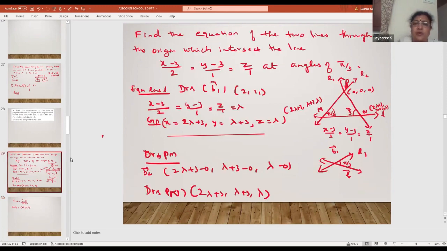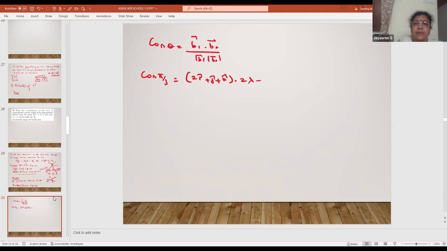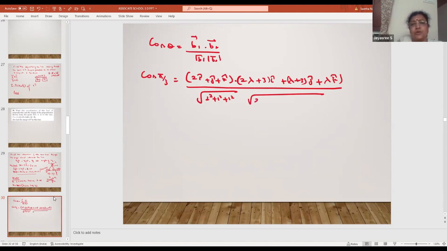dot B2, which we got from the direction ratio of PM: 2 lambda plus 3 i plus lambda plus 3 j plus lambda k, by magnitude. If I take 2 square plus 1 square plus 1 square, and here it is 2 lambda plus 3 the whole square plus lambda plus 3 the whole square plus lambda square.